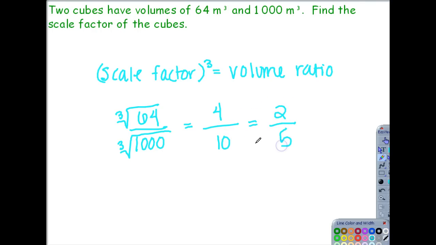Okay. Now, something you also could do is 64 over 1,000 could have been simplified first. If I put 64 over 1,000 in my calculator, it simplifies to 8 over 125. Once you write that down, let's see if I get the same thing.